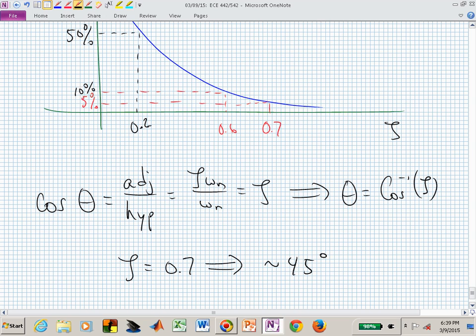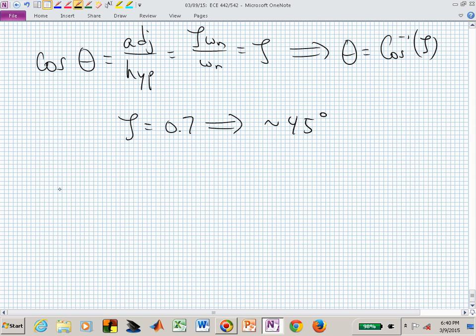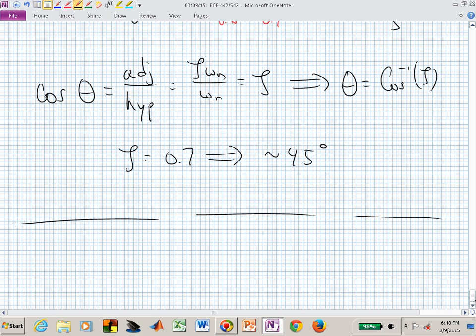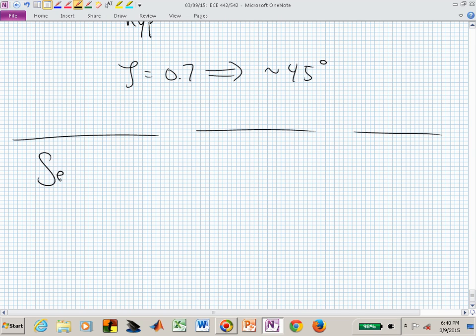Let's now relate that. So now we have percent overshoot and peak time. Let's look at one more, which is settling time, transient behavior.